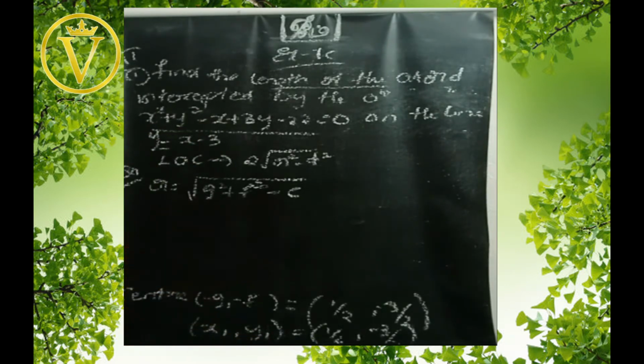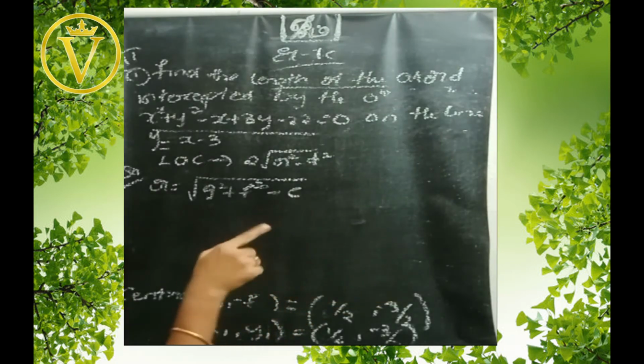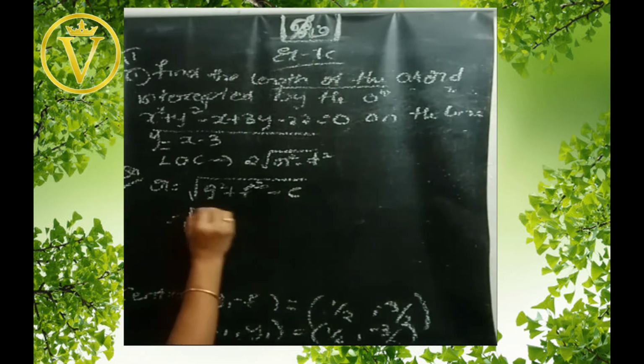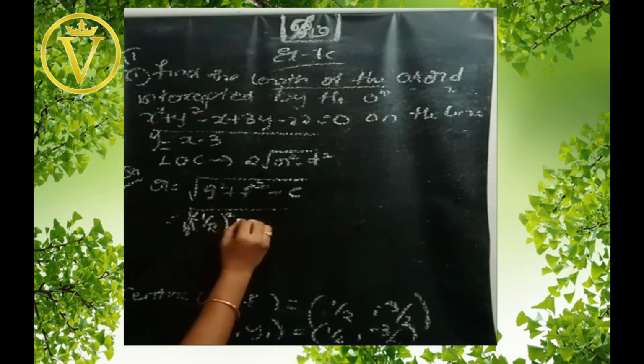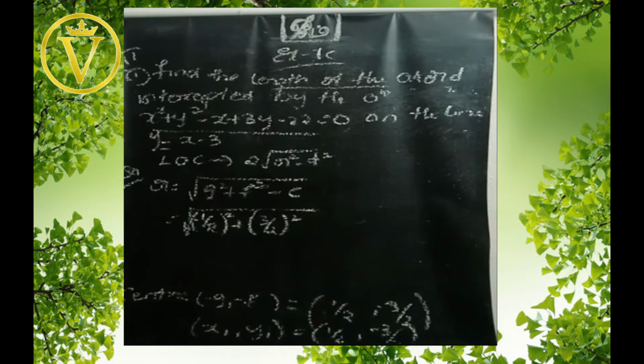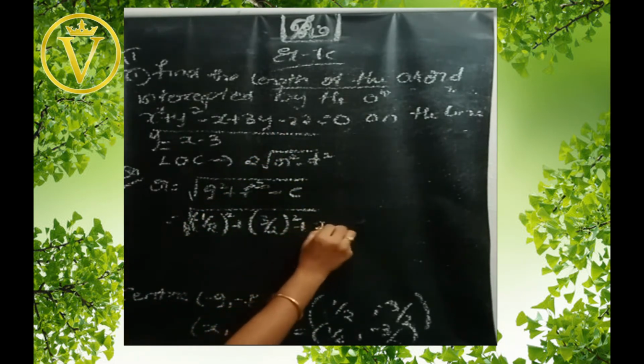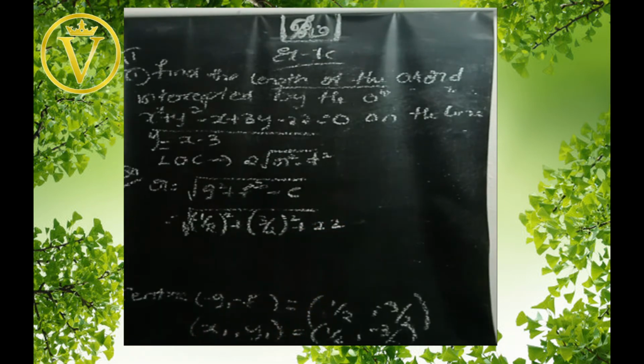Here g equals minus 1 by 2 and f is 3 by 2, don't confuse here. Now substitute: minus 1 by 2 whole square plus 3 by 2 whole square minus c, where c in the equation is minus 22, so here plus 22.